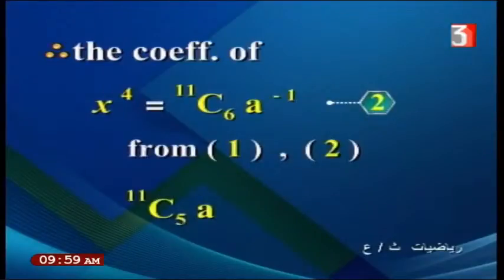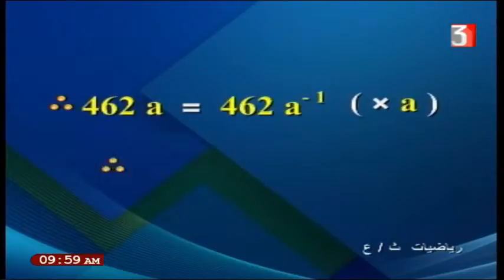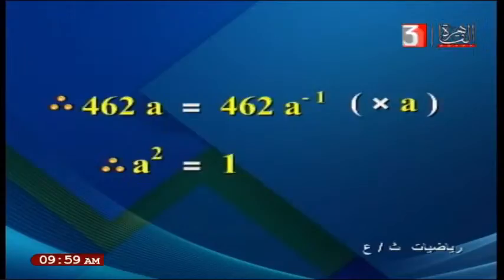By using equations 1 and 2, we reduce 11 C 5 a equals 11 C 6 a to the power negative 1 by using division. Then we reduce that. a equals what? a squared equals 1.